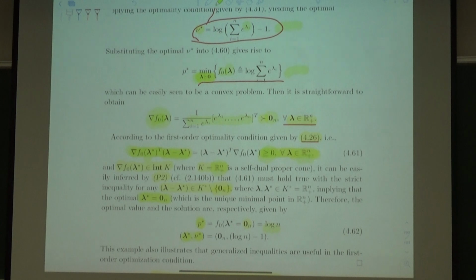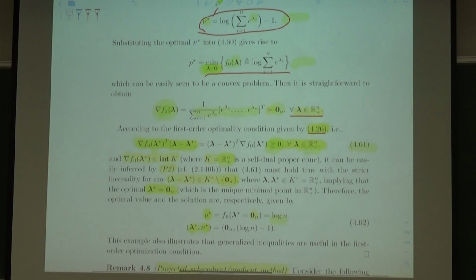So in other words, this optimality criterion 4.26 is not so easy to apply. This is a very low dimension case. If it's a matrix or any other kind, or a gradient, it is a very simple example.